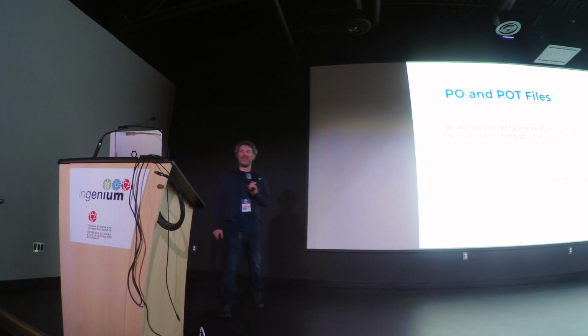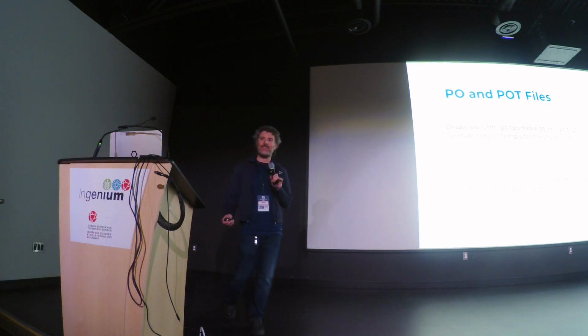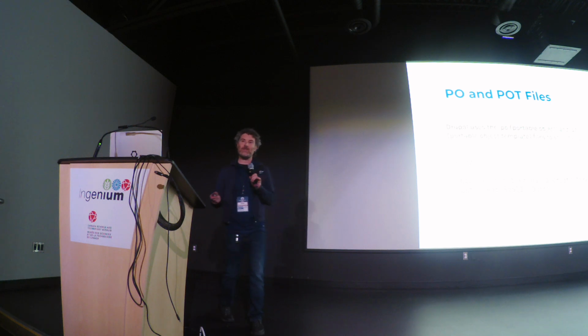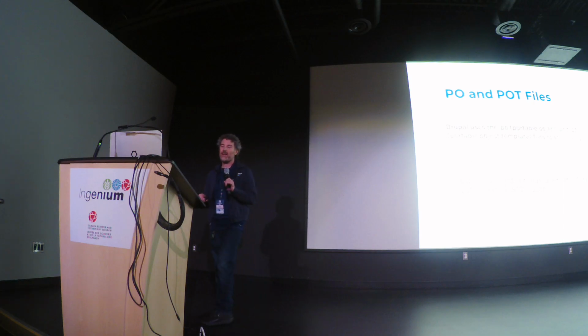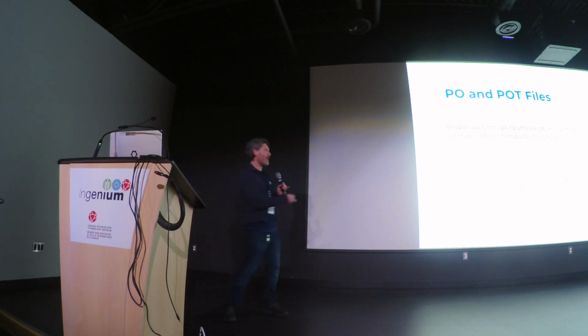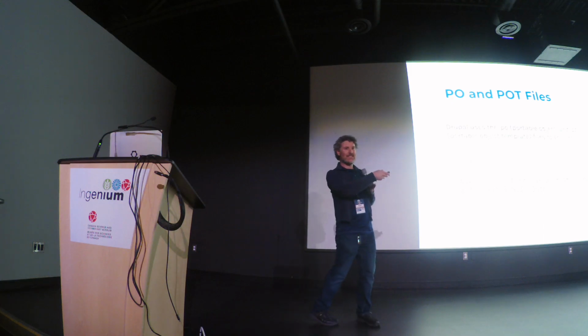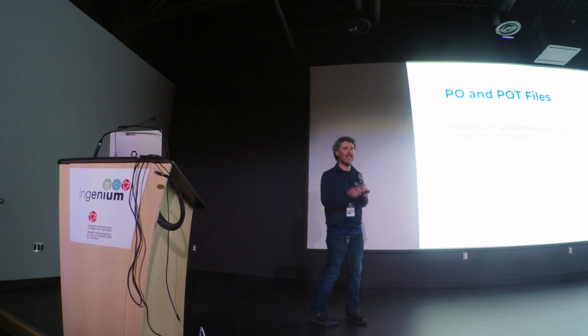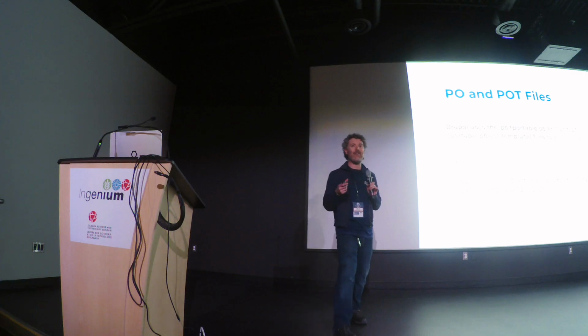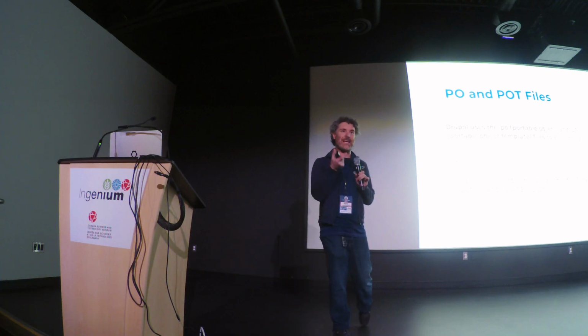All right. The way that language interface strings get passed around is with these PO and POT files, which are portable object files. They look like this. They have your original string, and then the translation, and we'll have a PO file for every language of that specific thing.